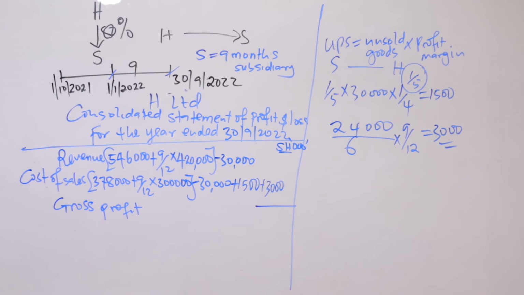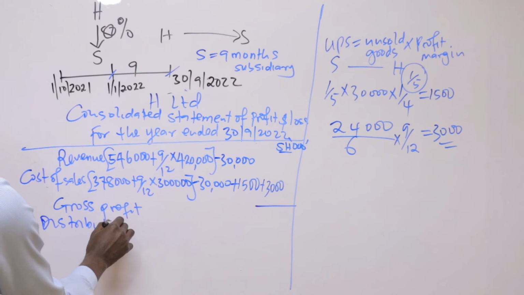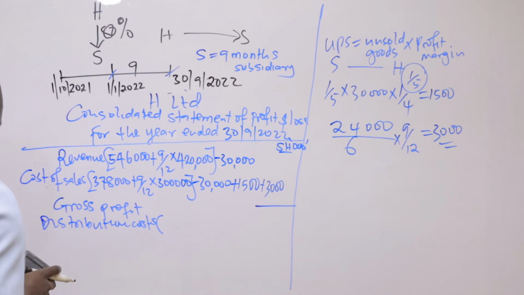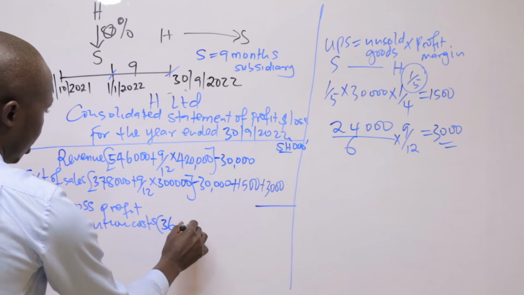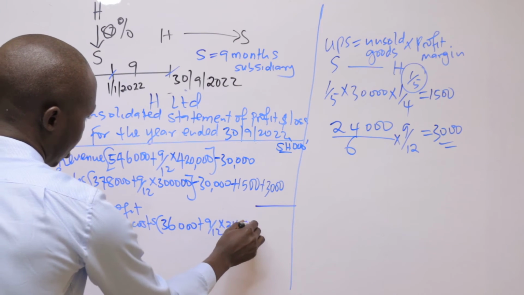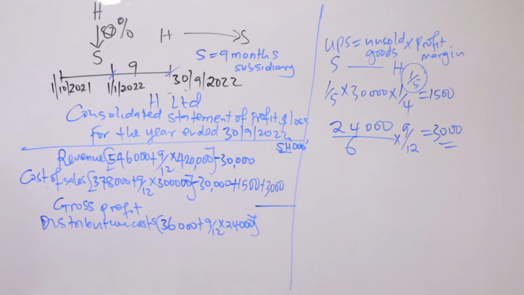Then after that, I can see there's distribution costs. So distribution cost is just 36,000 plus 9/12 times 24,000. After that, we have administrative expenses.